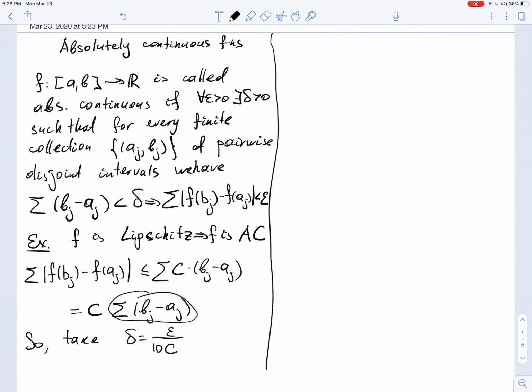Okay, so important theorem is that if f is AC, then the total variation of f is finite, so an absolutely continuous function is always of bounded variation. Moreover, so what do we know? We know that a function of bounded total variation can be written as a difference of two increasing functions.